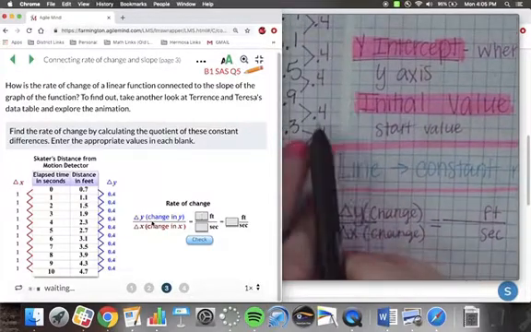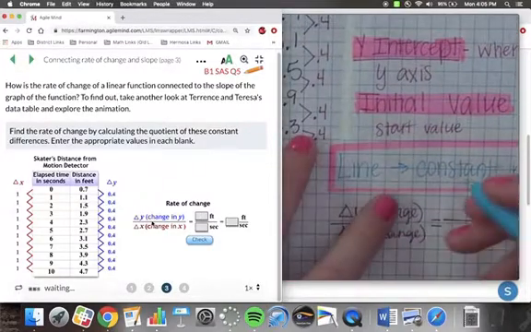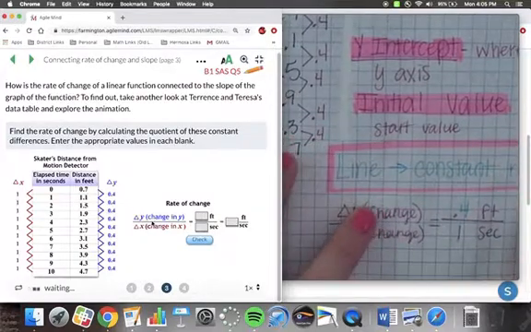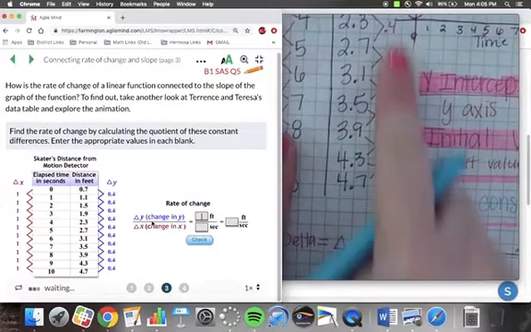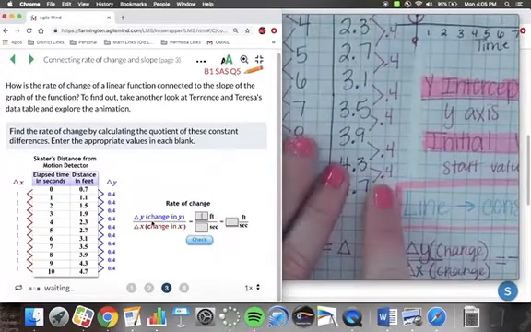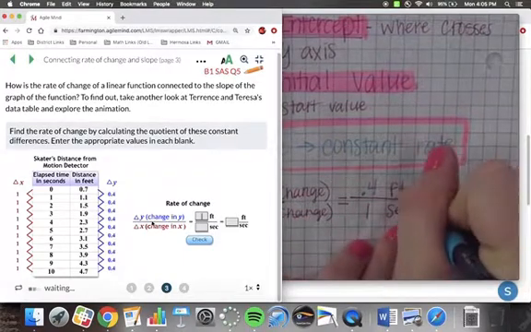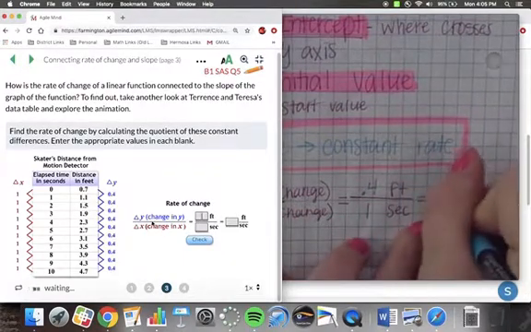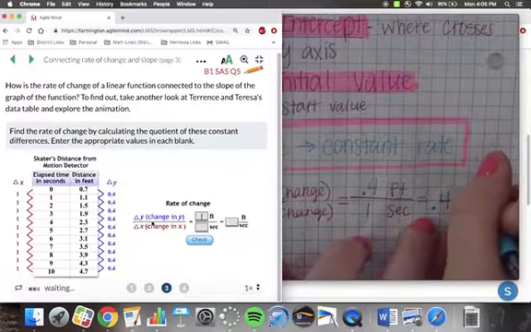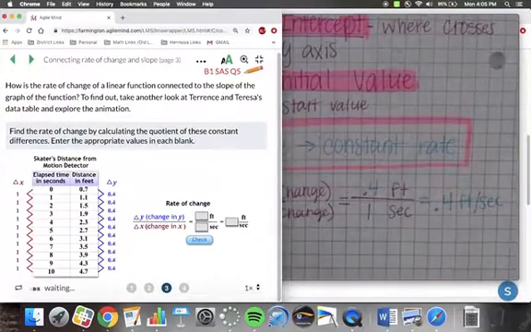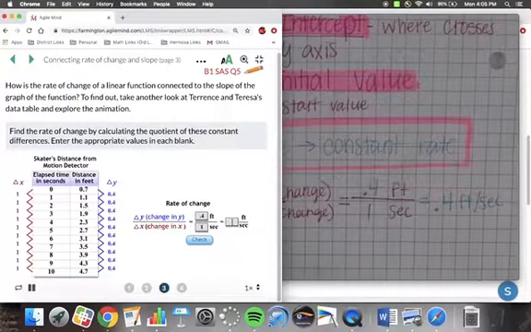And that came from those right there. So it's actually 0.4 feet per 1 second. Notice it's a constant rate like we said, because it's a straight line. So it's 0.4 feet per second, or 0.4 feet a second. So 0.4, 1, 0.4, check.